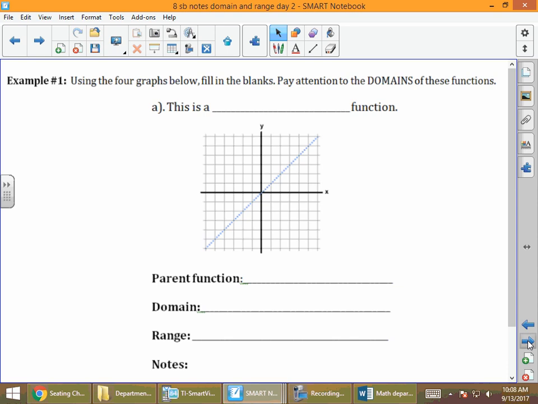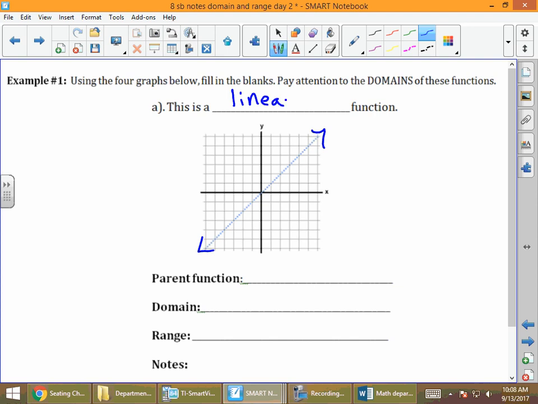So we saw some of these types of graphs yesterday when we were working in our notes. And what we see in this problem is that this kind of function is a linear function. And the equation of the linear function, the parent function, the most basic of the lines, is y equals x.